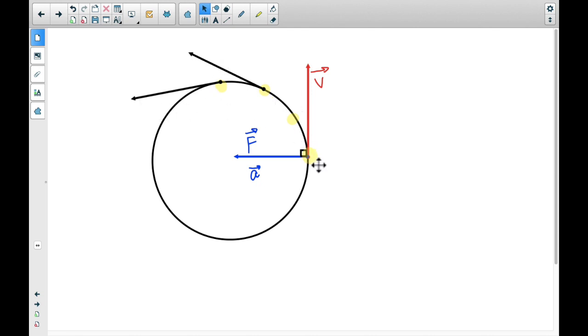And then the acceleration, that centripetal acceleration, is always pointing towards the inside of the circle. So this is my centripetal acceleration, this is my centripetal force. It is always pointing directly to the inside of the circle. It's like a radius, and it's always perpendicular to this tangent.